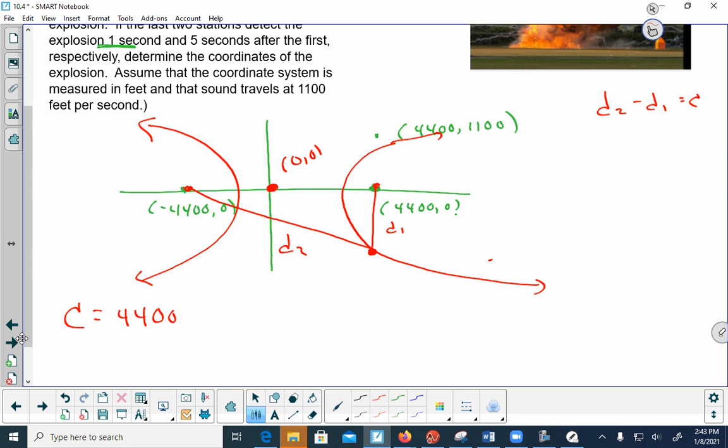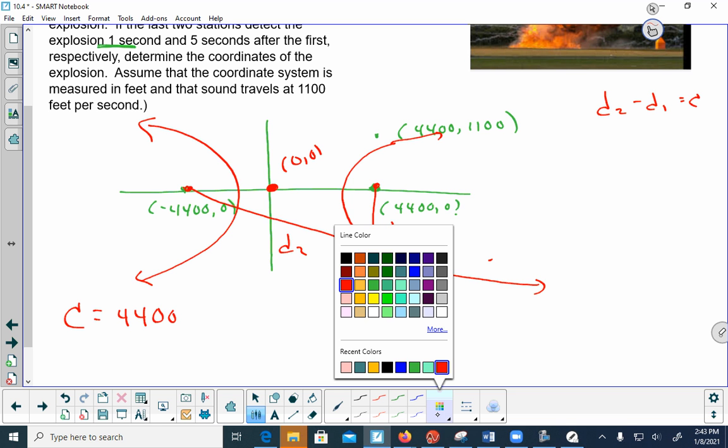So when I heard this explosion, I realized that it took 5 seconds longer. Okay, let me do it this way then.